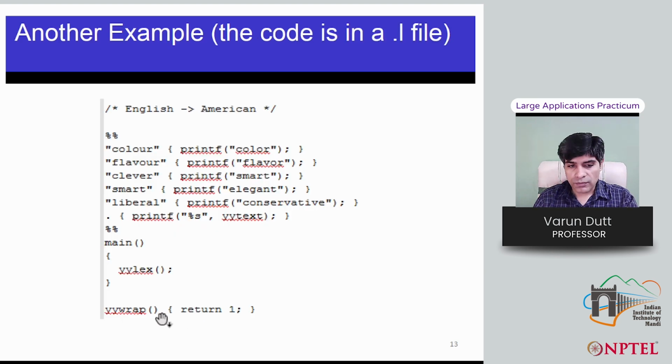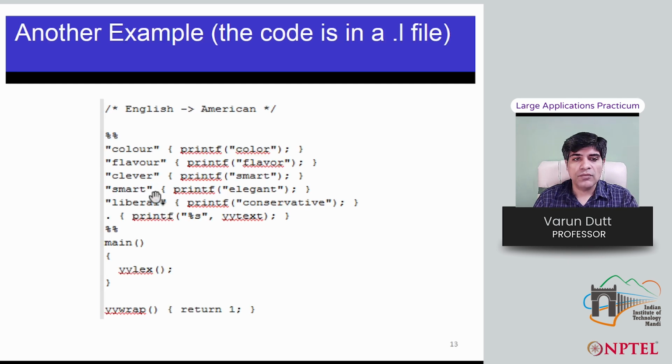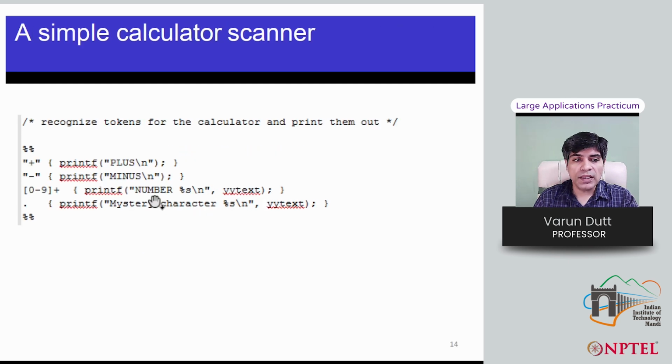So if this is called once it is scanned, it will return true. And you can see that whenever you pass an input, it will match these patterns, and if it matches any other word, it will just print that word. So you can see we have written a program for converting from British English to American English.